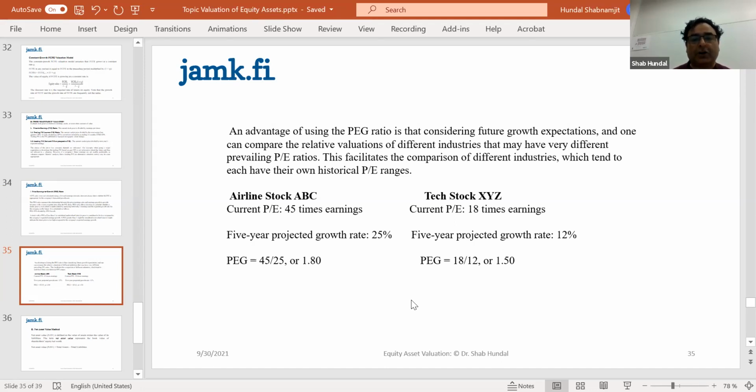For the airline stock, the P to E ratio is 45. It's always in times because it's P divided by E. For the tech stock, it's 18. The 5-year growth rate is 25%. So the PEG would be 1.80, whereas here, if you divide by the forecasted growth rate, it'll be 1.50. So you can have a better projection with the price to earning growth rate.